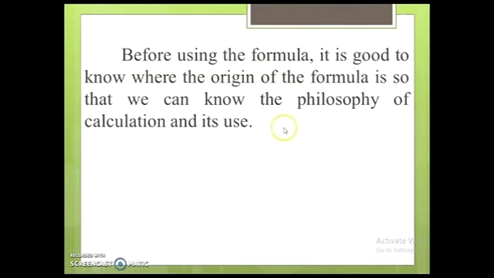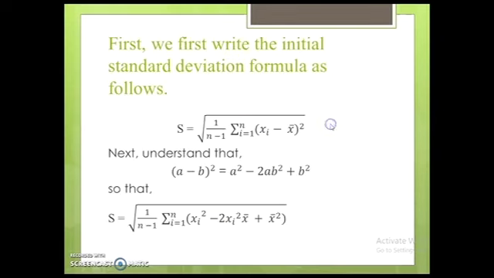Before using the formula, it is good to know where the origin of the formula is, so that we can know the philosophy of the calculation. First, we start with the standard deviation formula as follows: s equals the square root of 1 divided by n minus 1 sigma of xi minus x bar, squared.